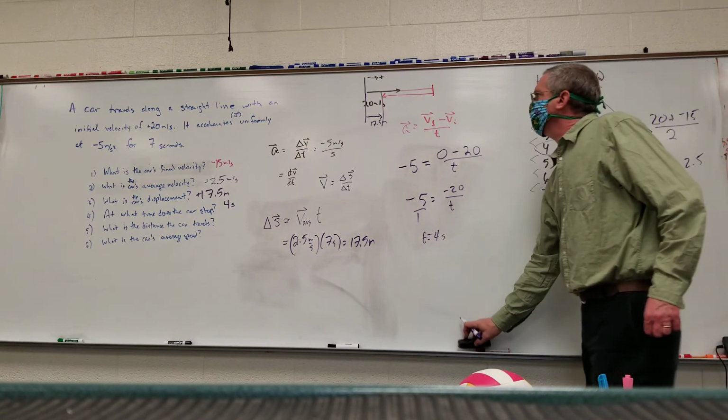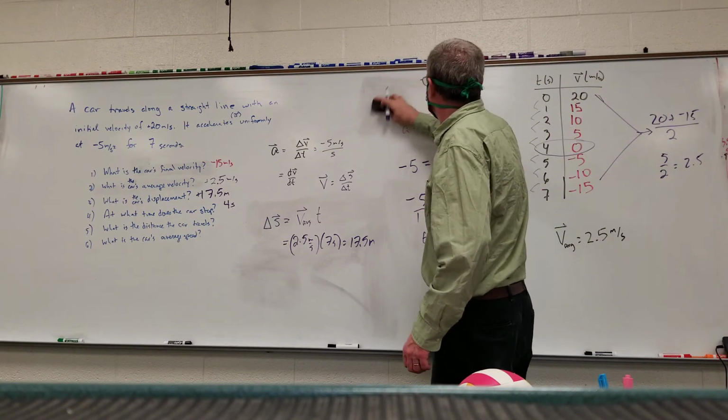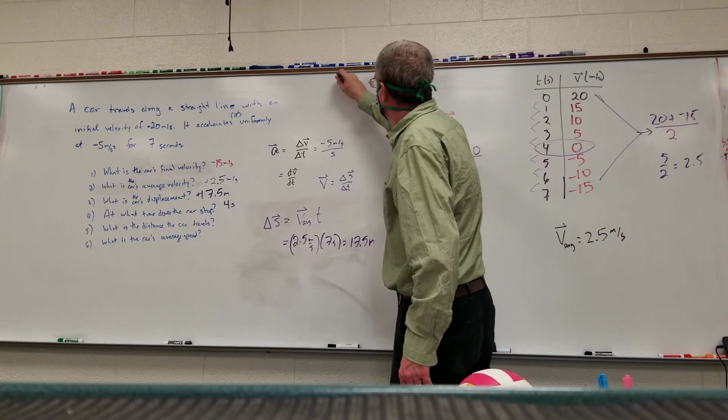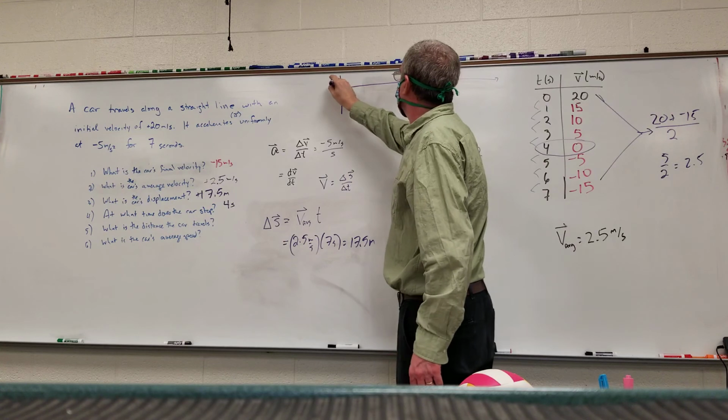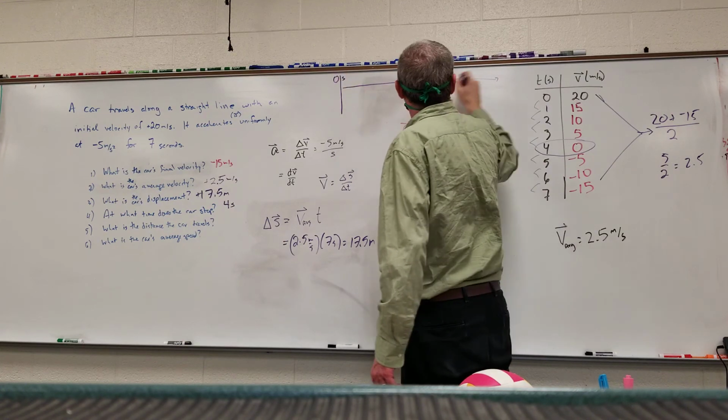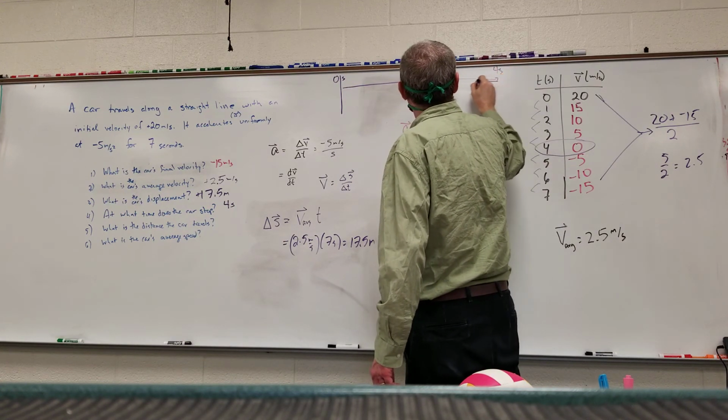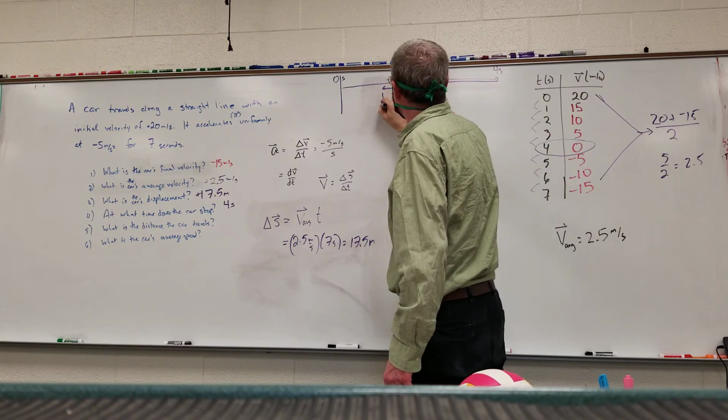So, redrawing my absolutely incredible, spectacular diagram just to give myself some more room. Time is 0 seconds here, and at 4 seconds it stops and starts coming back, and the problem ends at 7 seconds.